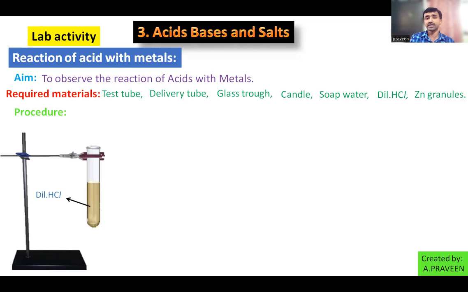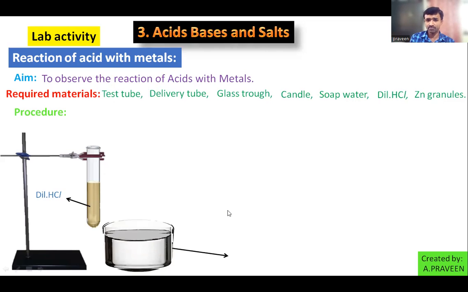To test the release of gas, we require a soap solution, candle, etc. The gas passes through the delivery tube into the soap solution. For that, I am taking a glass beaker filled with soap solution. So I have taken the soap solution into the beaker.